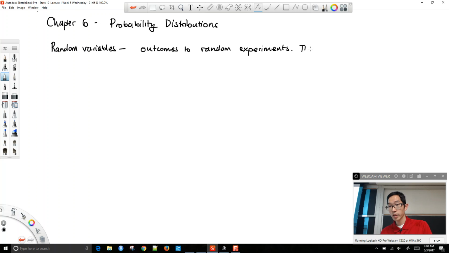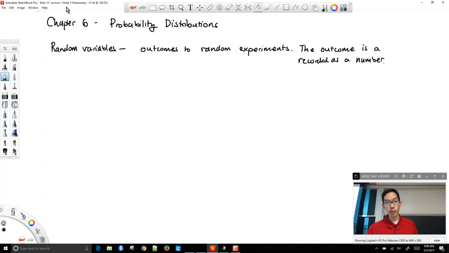And the outcome is recorded as a number. Either the outcome is a number or it's recorded as a number. That's kind of the idea behind a random variable.